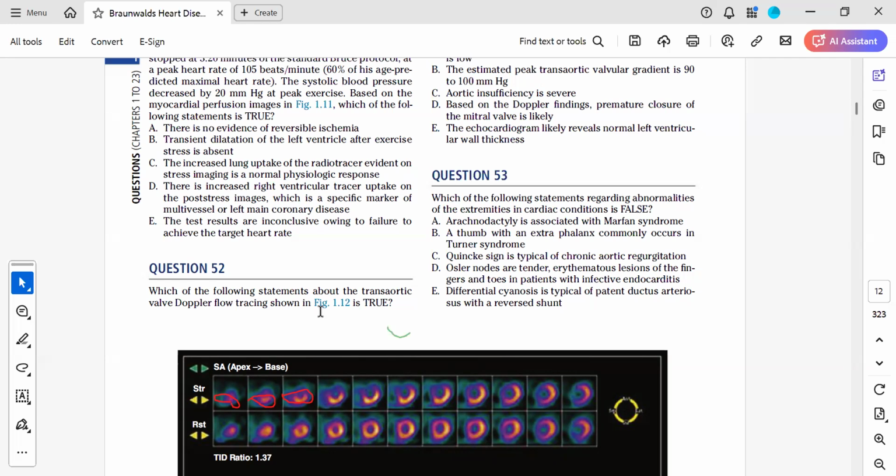And in addition, the patient also had the blood pressure effect for a positive stress. We know that a fall in blood pressure of greater than 10 millimeters of mercury at the peak of exercise is a marker for a positive stress test.